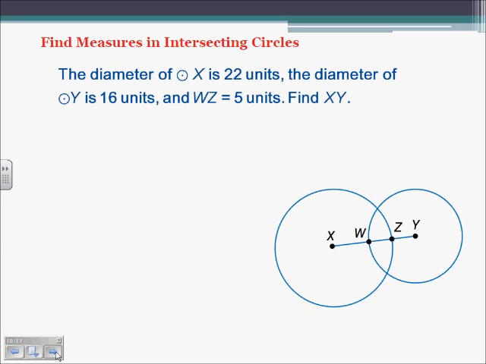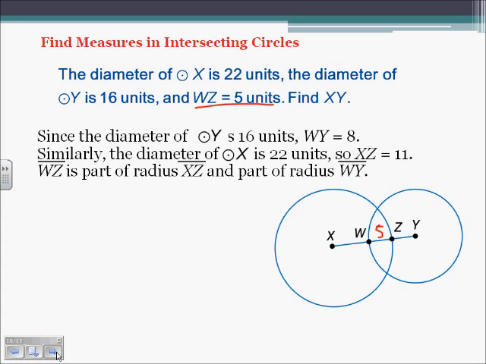So we need to find the segments we don't know. We know WZ is equal to 5 units, so that little section there is going to be 5 units. And since the diameter of X is 22, we know XZ is going to be a radius. That's going to be 11 because it's half of that.